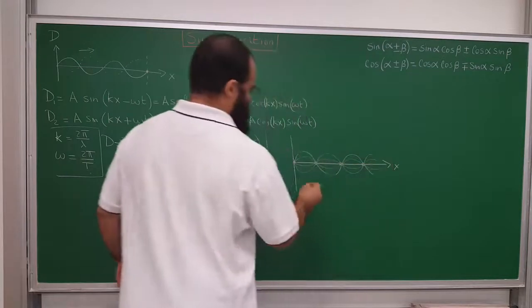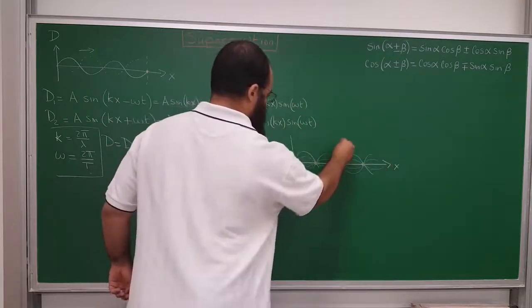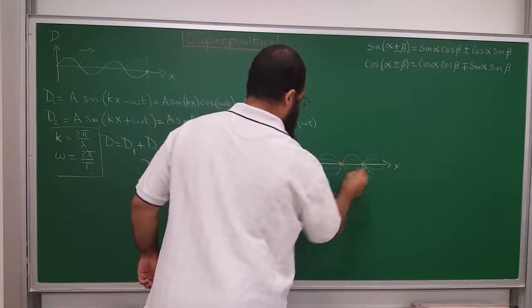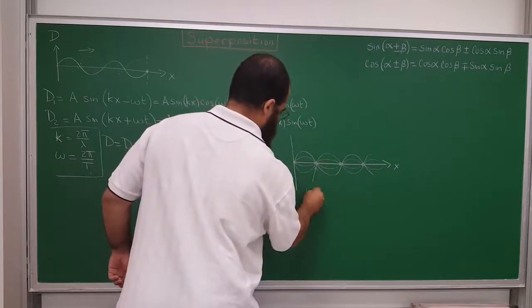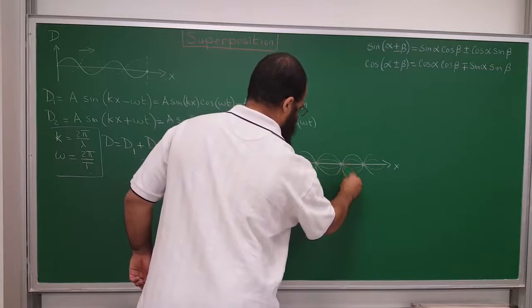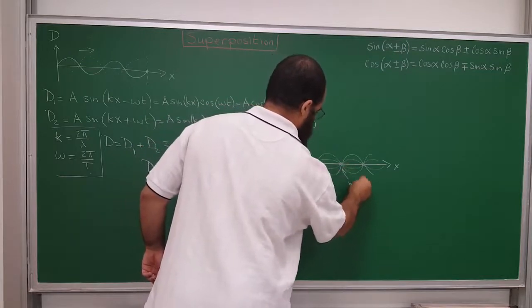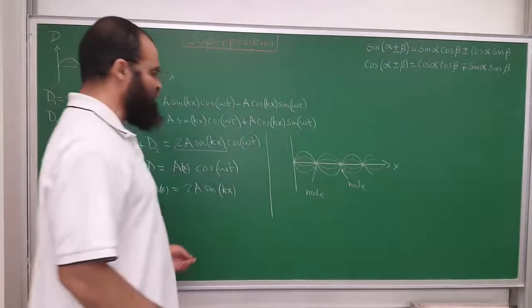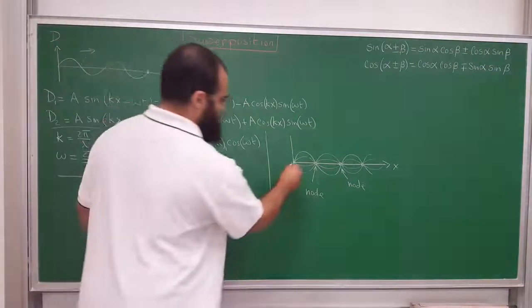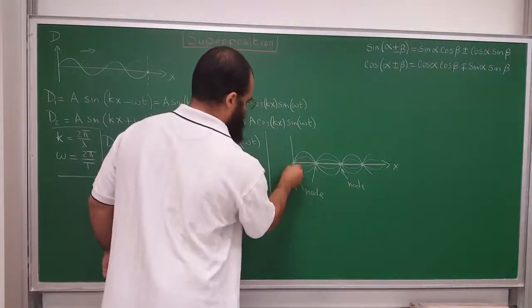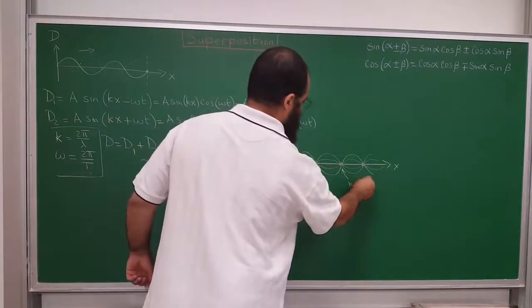All right? What's important is you have these nodes. This is called a node. This is another node. And the distance between nodes is half a wavelength. This is a node, that's also a node, that's a node.